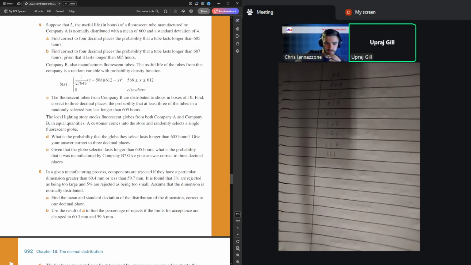So I think what I was meant to do is take the probability of company B having a good globe, the one that lasts over 605, and multiply that by 1/2 before putting it in the fraction? Correct, because the way intersections work on a tree diagram is it's the product along the path. That's the intersection. So I thought it was suspicious that you're a half off. It sounded like you plugged in more or less the right numbers, but you were just missing that one part.